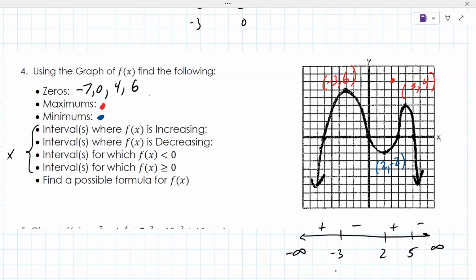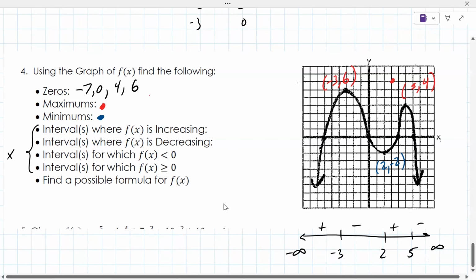And then you can do the same thing for less than 0. Be very careful there. Less than means it's going to be parentheses.